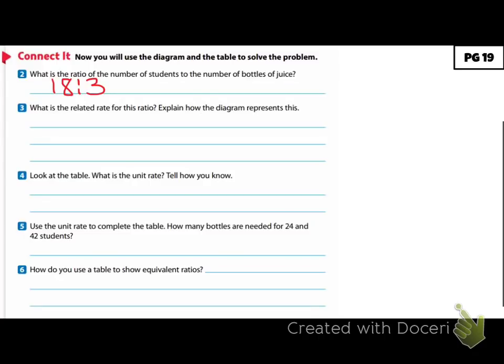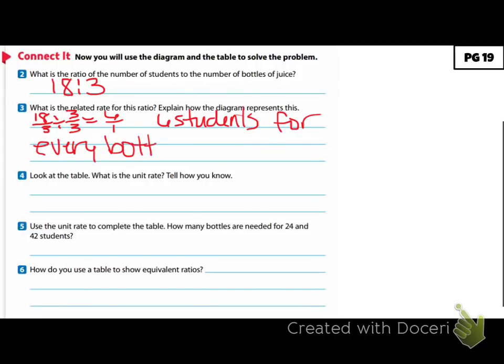Well, for our related rate, we took our original ratio, which was 18 to 3, and we divided by 3 to get 6 over 1. If we look at how the diagram represented that, it showed us 6 students, or smiley faces, for every bottle of juice.